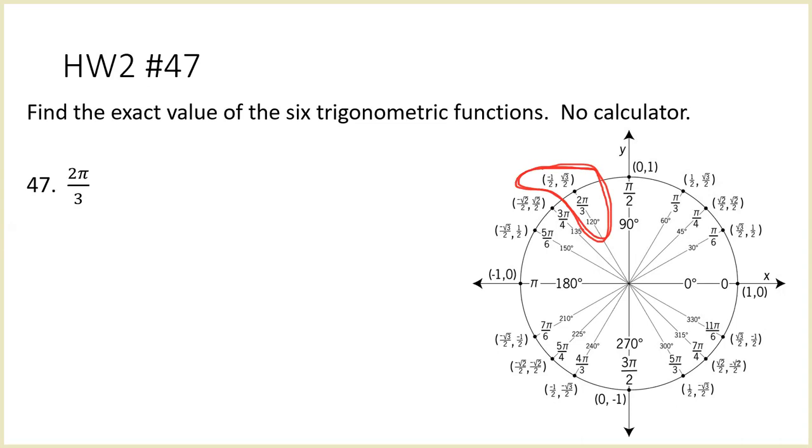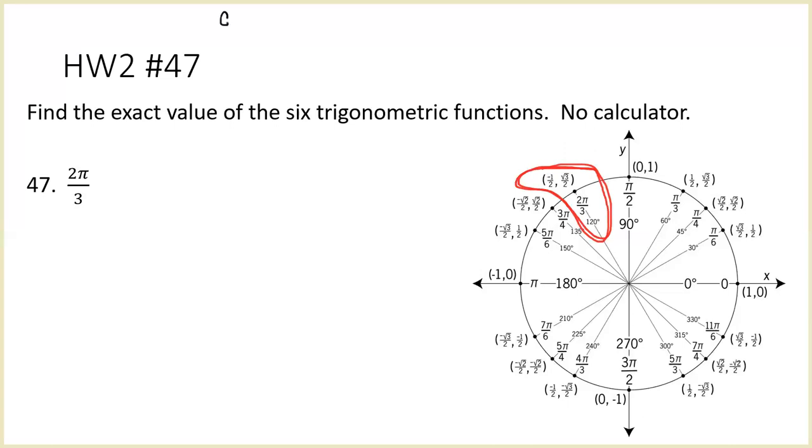Now, on the unit circle, cosine is your x, sine is your y. So we already have 2 of the 6 just from looking at the unit circle. You don't have to do anything to find sine and cosine. If it's on the unit circle, it's one of the values that's provided. So we're going to start off with the sine and cosine.